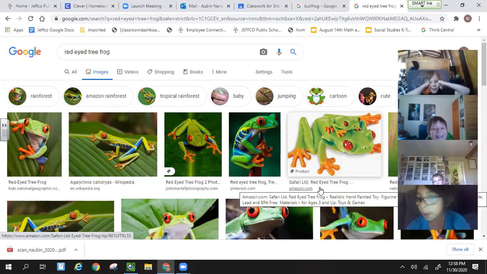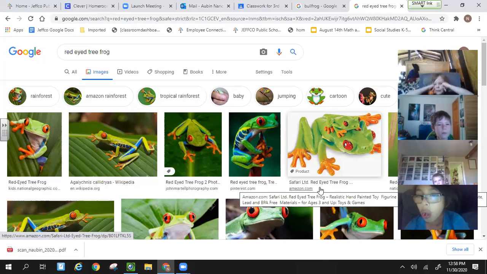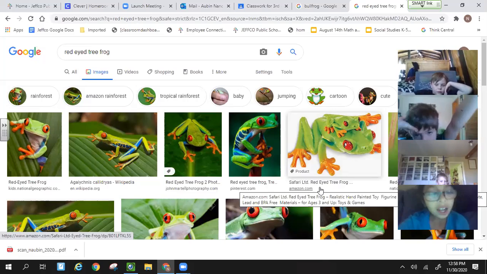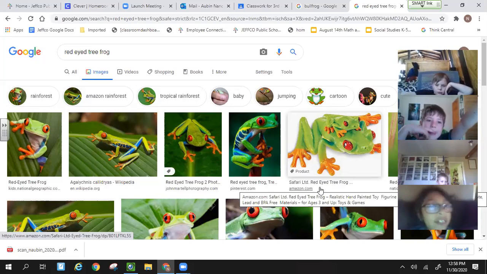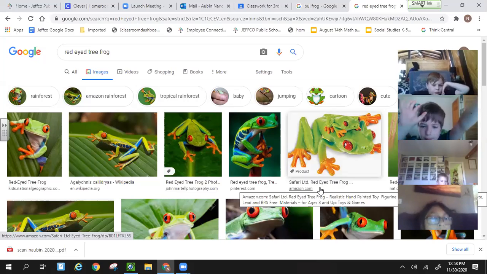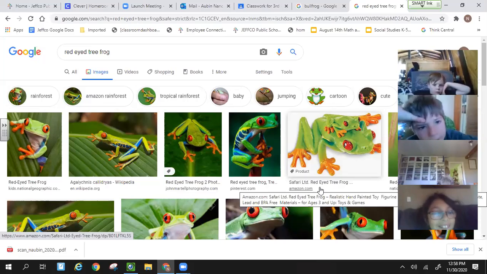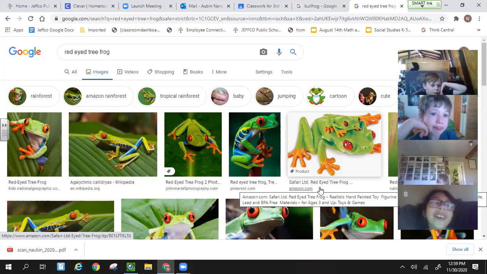What else do you notice about the eyes of the tree frog, Lyric, that the author might use a tomato to describe them? What else do you notice besides the color? I noticed that their eyes are the shape of a tomato. Exactly, they're round and big, right? They're like the shape of a tomato.